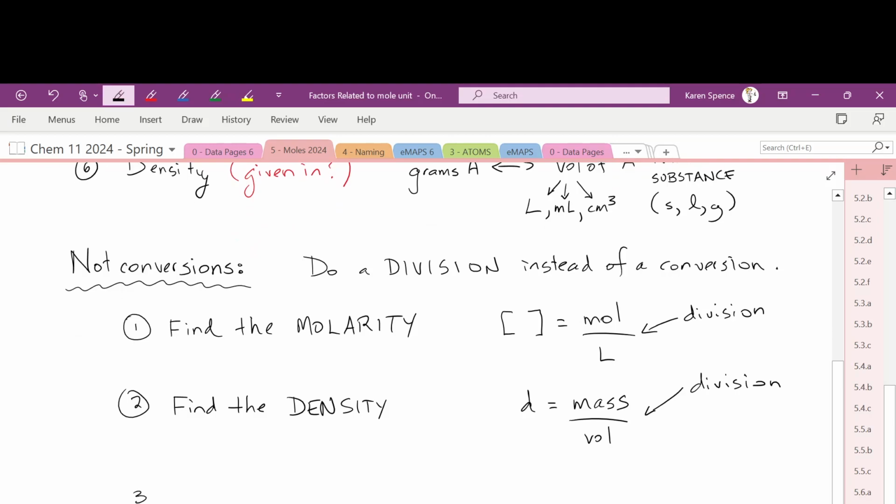If I say to you, find the molar mass, but I give you an unknown compound. That means you don't know the formula, right? So you can't just go to your periodic table and add it up.